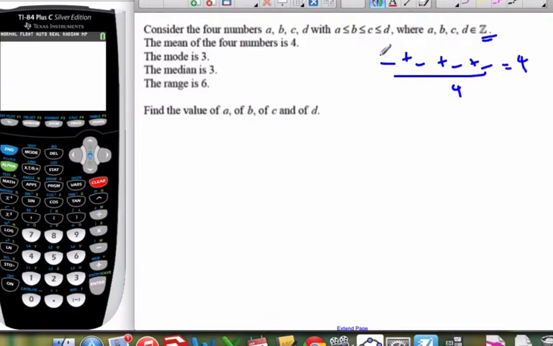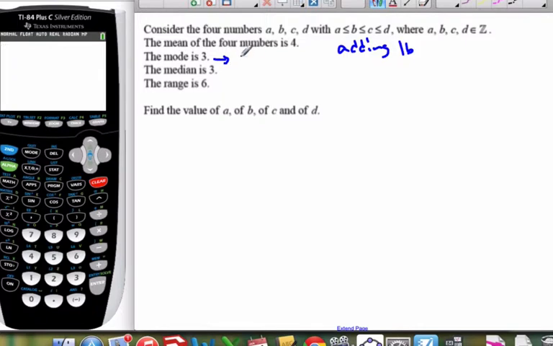Another way to think about it is if I add up all these numbers, the total is going to be 16, the 4 times that. And so I'm going to think about the numbers adding to 16. The mode is 3. That means there must be two 3s, or three 3s, or four 3s.